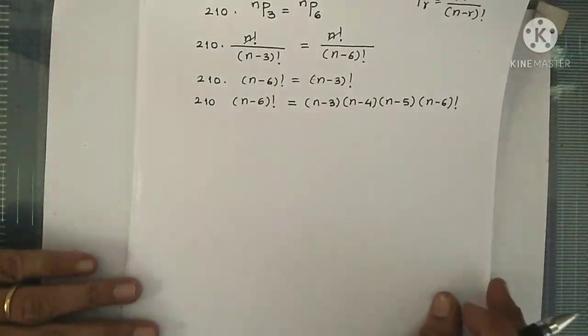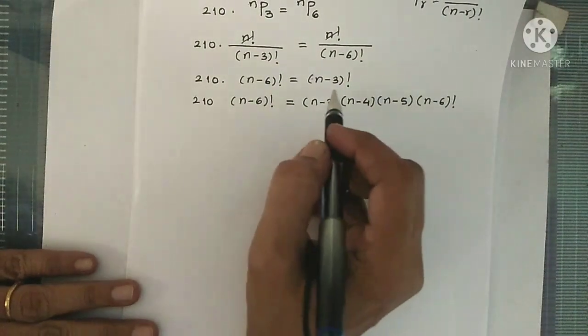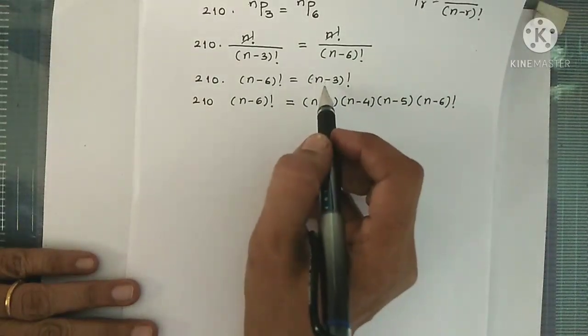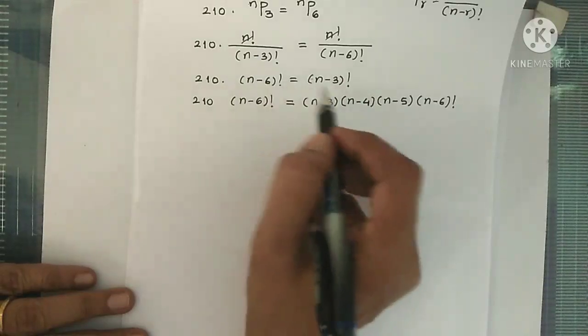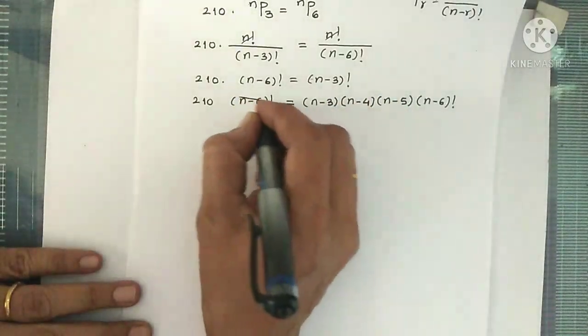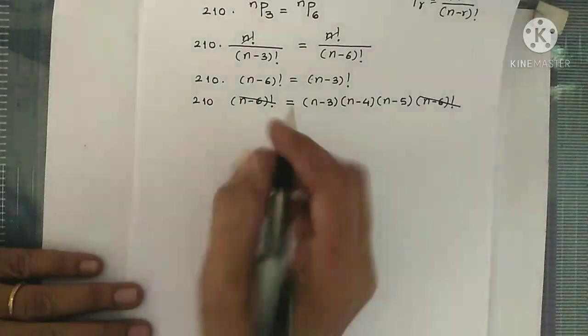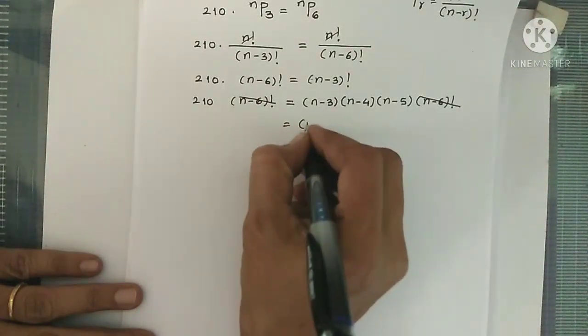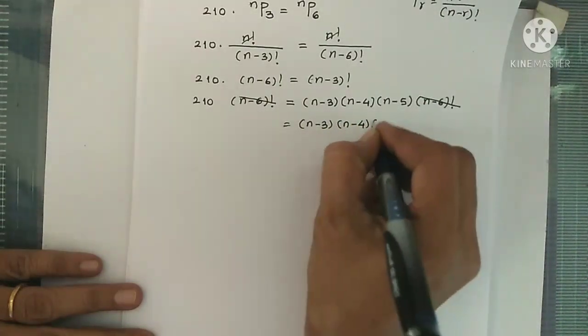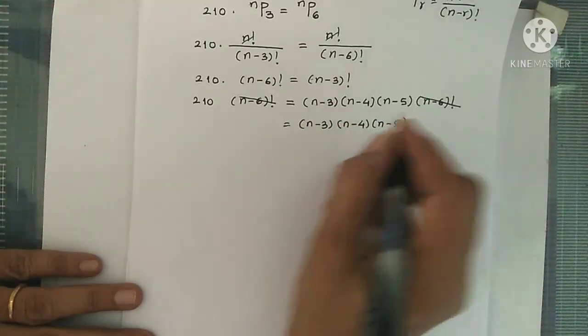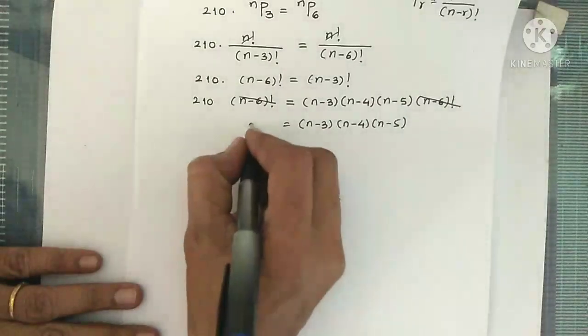We don't want the factorial notation. So to cancel, we have to find the bigger number from these two, and write the bigger number's factorial in terms of the smaller number's factorial. Now this (n minus 6) factorial gets cancelled. So we now have (n minus 3) multiplied by (n minus 4) multiplied by (n minus 5) equal to 210.